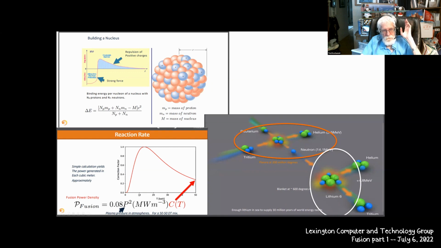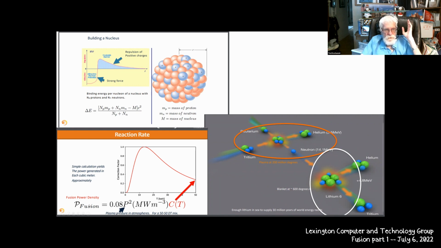So 100 million degrees Kelvin is 10,000 electron volts. So up here somewhere, basically, you can get a reasonably decent reaction rate. Even in this region out here is not too bad.